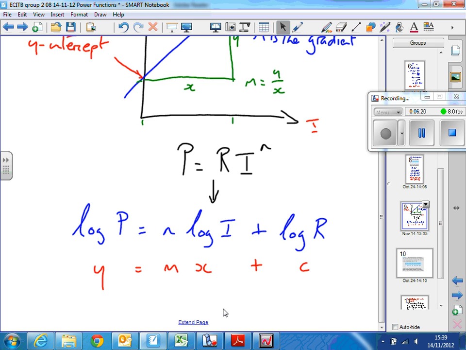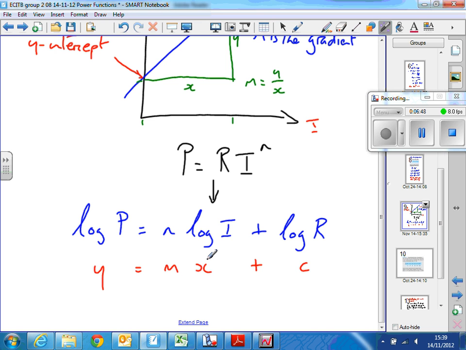If we write this function like this, then if we compare it with the equation of the line, we see that actually instead of plotting power, if we were to plot log of power, and instead of plotting I, we plot log of I on the x-axis, then if we get a straight line, that means that we were right when we said that the relationship was power equals Ri to the n.